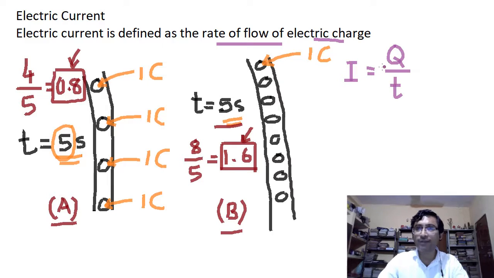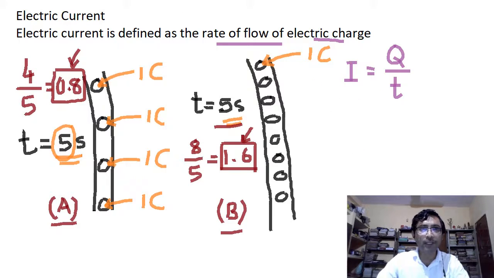So electric current will be equal to the amount of charge flowing per unit time, just as we have seen in these examples. So in this example, the electric current is charge per time, that is 0.8 coulombs per second, and here it is 1.6 coulombs per second.